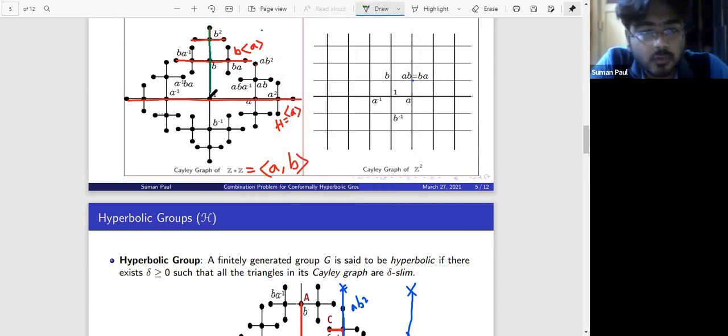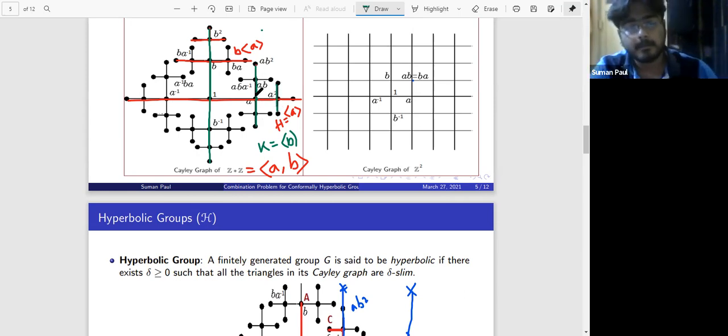Consider this subgroup, which is generated by B. Then also from each of its points there is this one, like that.